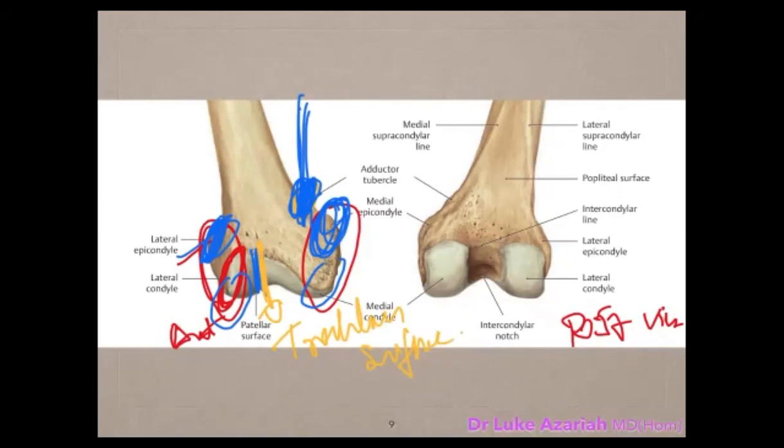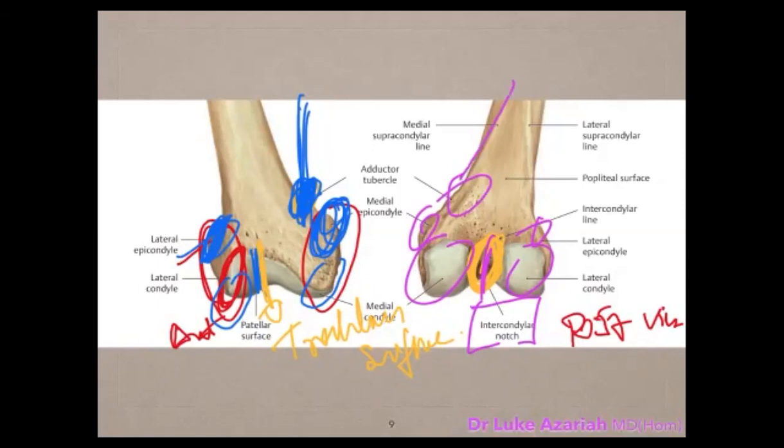This is the posterior view, and we have intercondylar notch, the notch between the condyles, epicondyles, and adductor tubercle.